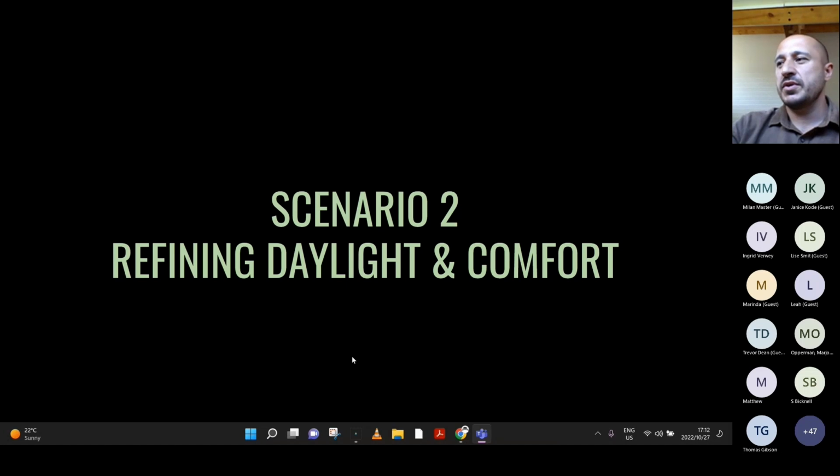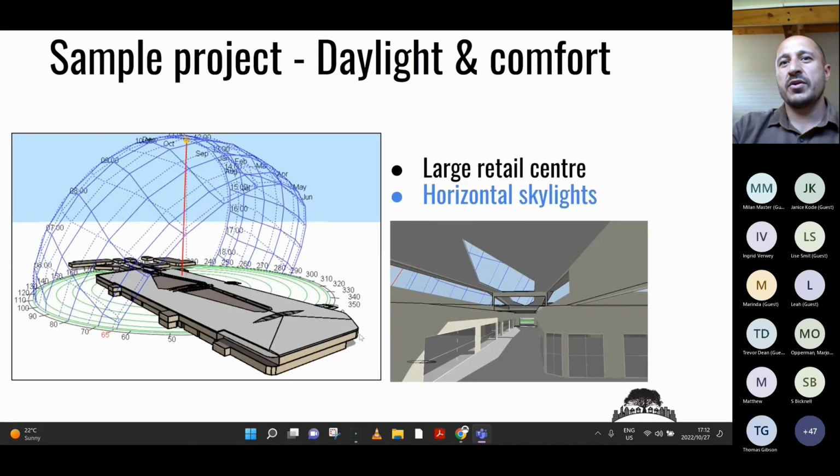Now, scenario 2 is a bigger commercial retail project, where we started off from the perspective of daylight and lighting comfort. It's a large retail center with big horizontal roof lights. You can see here the horizontal roof light and also clerestory along the edge of those roof lights.